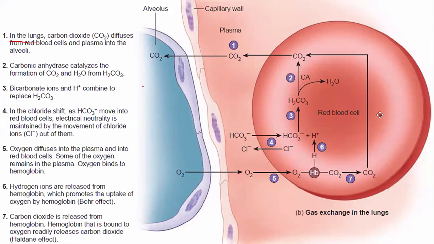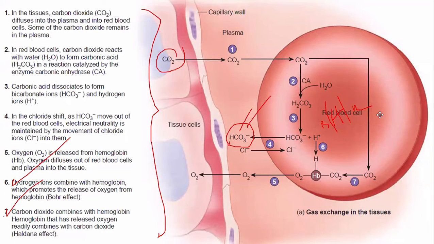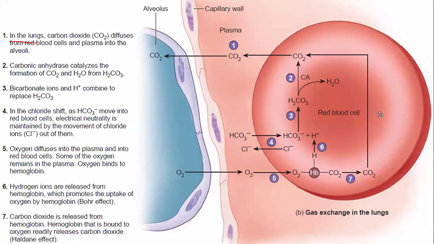Bicarbonate will go back: HCO3 plus the H. Earlier we had hemoglobin bound to hydrogen; now as you go to the lungs, this has to go down, simply because the oxygen that we inhale has to go to the red blood cell so that it can deliver this oxygen.